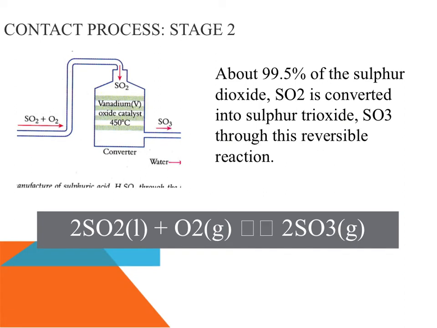Another bit of stage 2 then, moving on, okay? 99.5% of the sulfur dioxide is converted to sulfur trioxide through a reversible process, okay? So this is reversible. You can go back and make the sulfur dioxide if you need it, okay? But about 99.5% is converted.